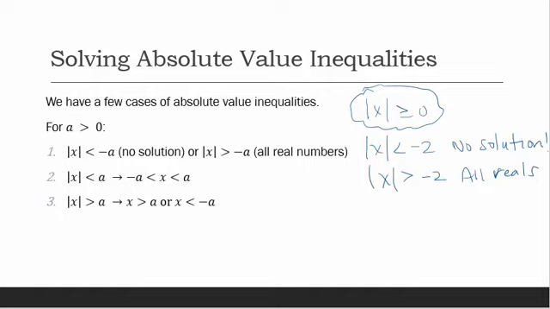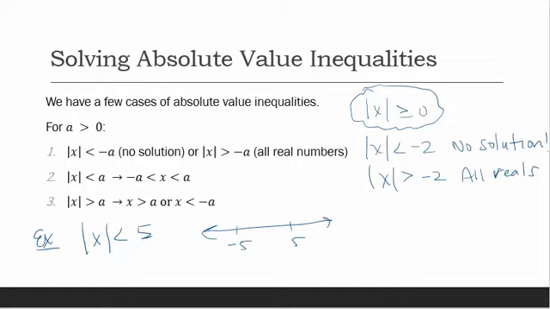Okay, now if we instead see absolute value of x is less than a number like 5, I can fill in some numbers that will work to satisfy this inequality.